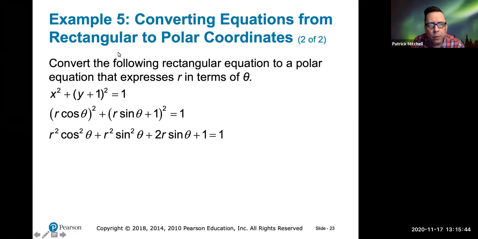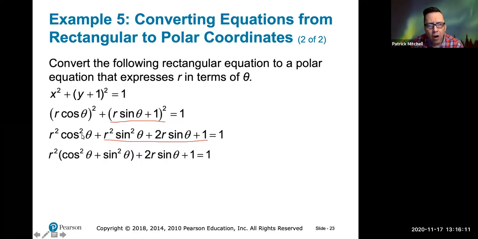And just be aware that what's happening here is that we're squaring the binomial. So if you want, you can think of that as FOIL. Squaring that binomial gives you r squared sine squared theta plus 2r sine theta plus 1. And then we still have our equals 1 over here.